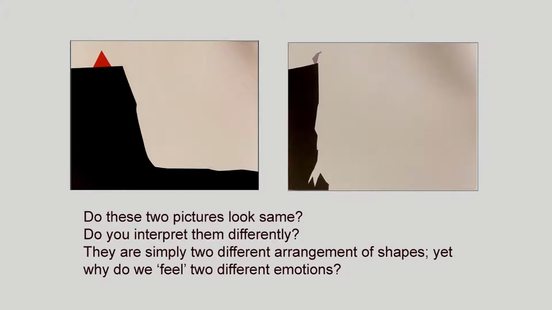We may not be able to articulate it, however. But my question is, do you interpret them differently, or do you have the same interpretation for both the frames? Why don't you look at it and figure it out once again for yourself? Are they simply two different arrangements of shapes, or do we feel that they are two different emotions altogether? Just try to find out.